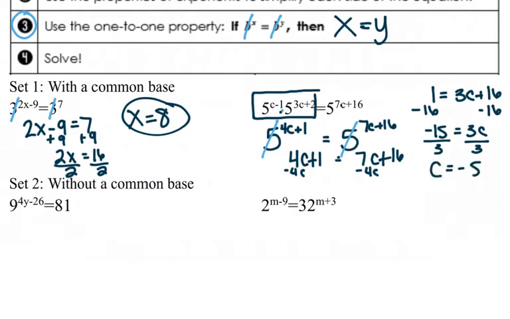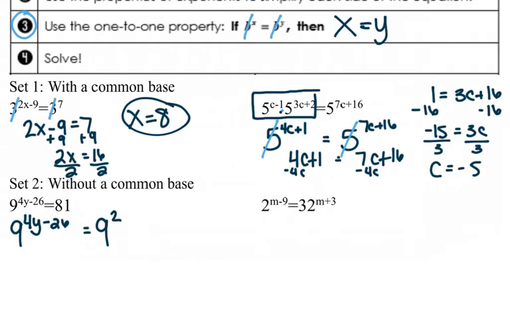Alright, so those first two were easy because they had a common base. The next set doesn't have a common base. So the first thing we're going to have to do is rewrite it so that it has a common base. So here's what you do. This is the smaller one, so I'm going to leave it the same. 81, think about what to the power of what equals 81. 9 squared is 81.